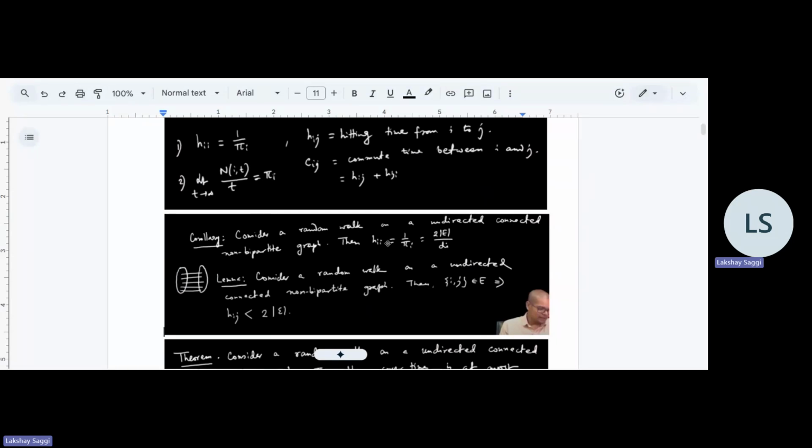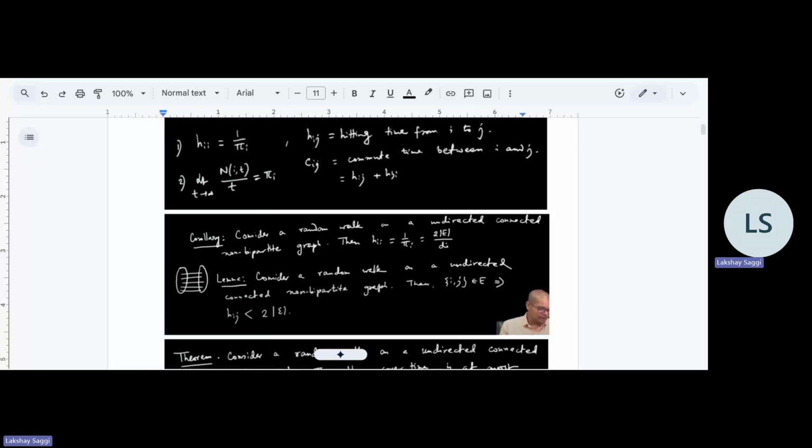So Hii, starting from state i and coming back to state i, the expected time taken, is equal to 1 over pi i. This gives us that Hii is equal to 2 times the number of edges divided by the degree of node i. This is a useful property which one can keep in mind.